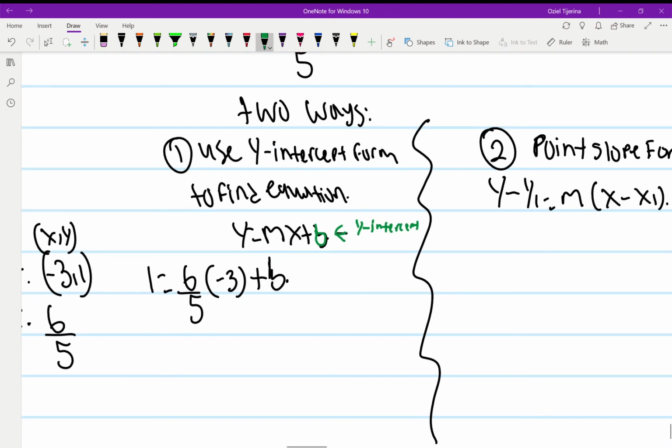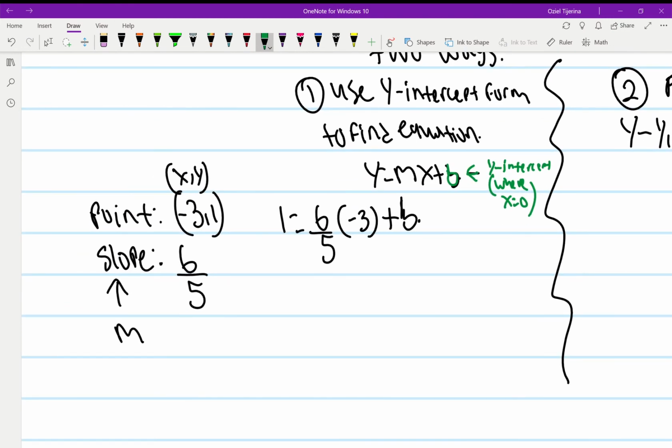And if you don't know what that means, that's basically where x equals 0, okay? We don't know our y-intercept, so we have to solve for it, okay? So, we know our slope. If you don't solve for your y-intercept, if you just put b on there, it's not going to be right, because you have to know your y-intercept in a linear equation.